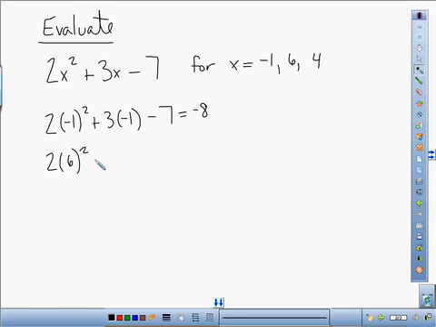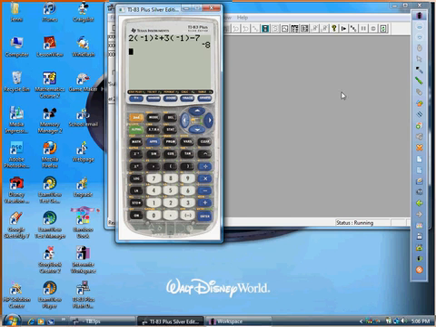Now here's a nice little shortcut. If you've already typed it once, it can be really easy on your calculator to type it again. If you hit second and enter, it'll retype everything that you just typed. And all I have to do is go back and change -1 to 6. Use my arrow, come over here, and change my -1 to 6. Hit enter, I get 83.